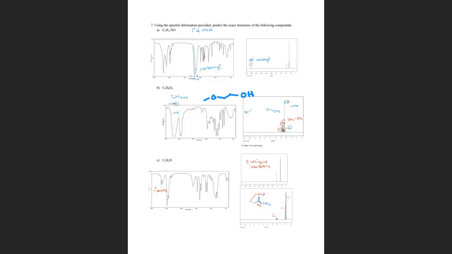Okay, anything above 3000 on the IR spectra? Okay, why could it be another NH2? Oh, secondary amine. Okay, do you guys think it's primary or secondary, if there is an amine?